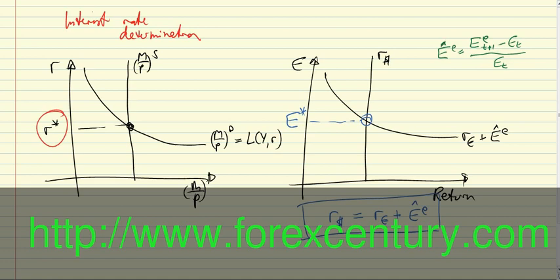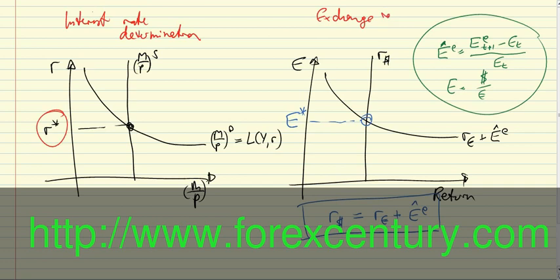So this is the expected growth rate of the exchange rate, where E is defined as the dollar price of €1, so that a higher value of the exchange rate implies a more depreciated dollar. Just to keep this in mind, this graph on the right here is what gives us exchange rate determination.